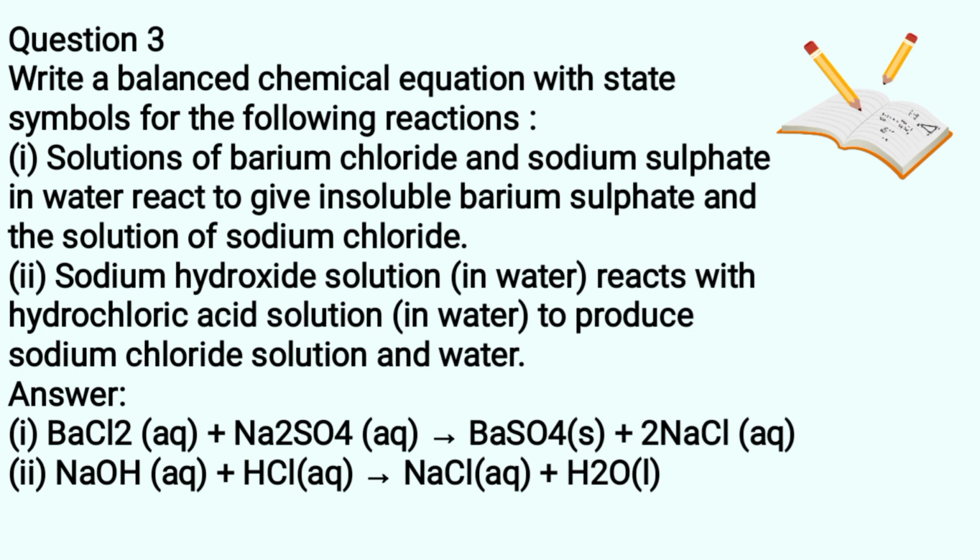Insoluble in the sense it forms a separate layer. So solid barium sulfate will be formed, and with that again a solution of sodium chloride will be given. Again, if it is a solution, we should write it as aqueous. So BaCl2 aqueous plus Na2SO4 aqueous gives BaSO4 in the form of solid, and 2NaCl aqueous.